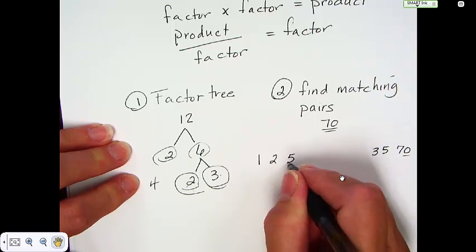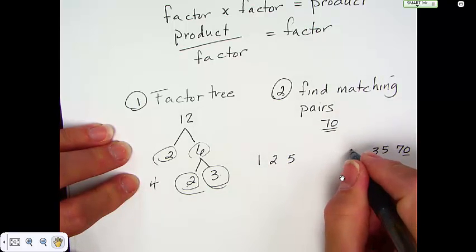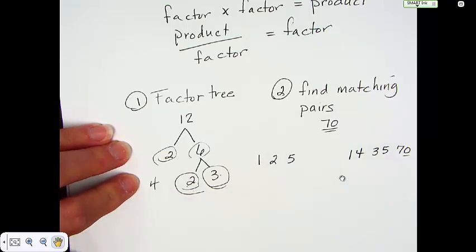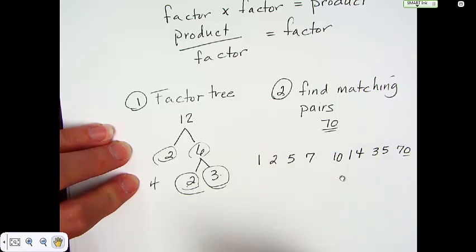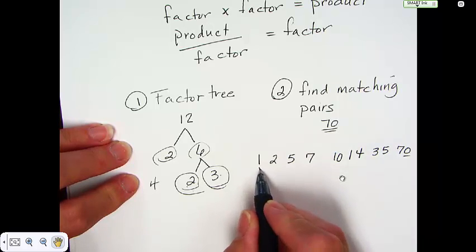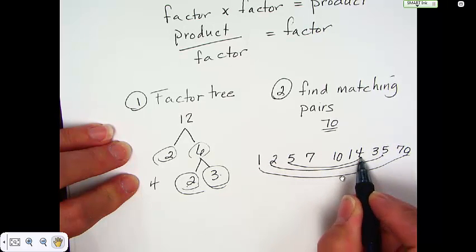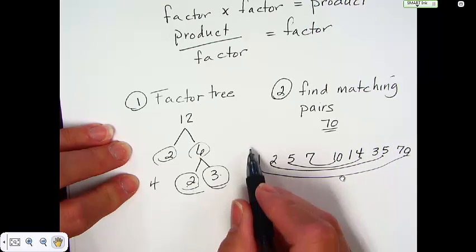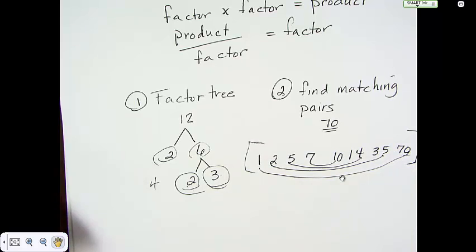So 5, and if you think about it a little bit, you probably would know, otherwise you can divide, 5 and 14. 6 doesn't go into 70 evenly, but 7 does, and it's 7 times 10, and 8 doesn't, and 9 doesn't, so now we have our factors. I call these factor pairs, and these indeed are all the factors of 70.